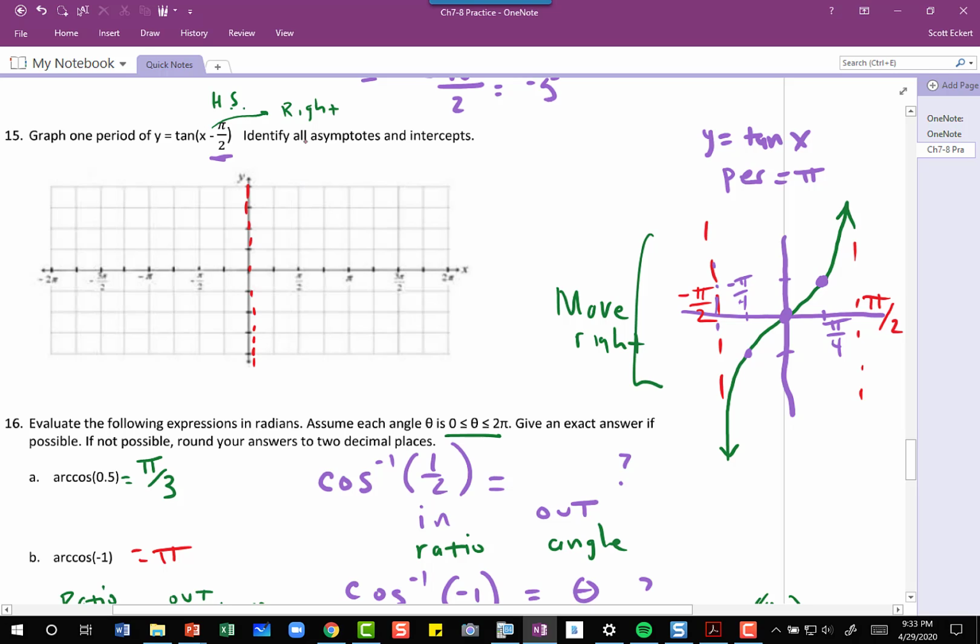This is the quick sketch asymptotes, negative pi halves and positive pi halves. But because of the shift, this one's moving to the right pi halves and that one's moving to the right pi halves. So I'm going to shift everything over, and the asymptotes are now shifted to 0 and to pi.